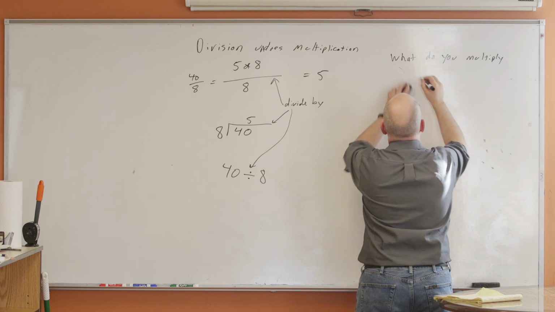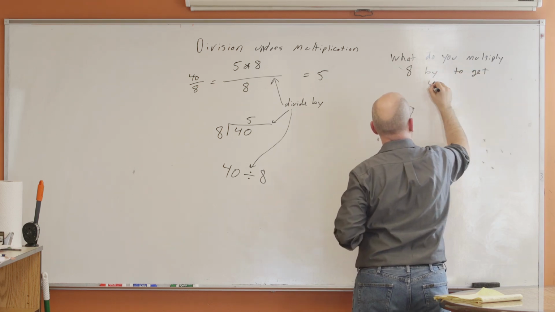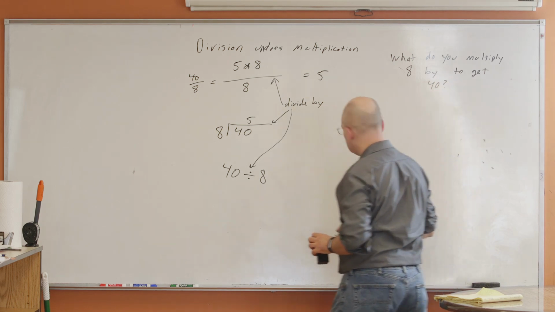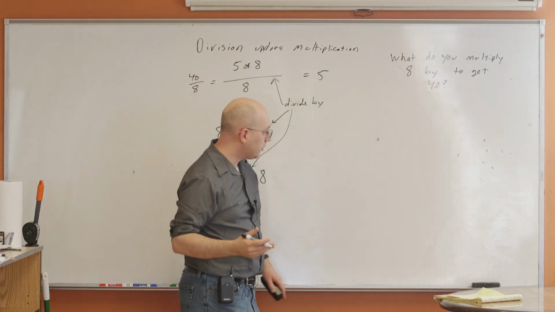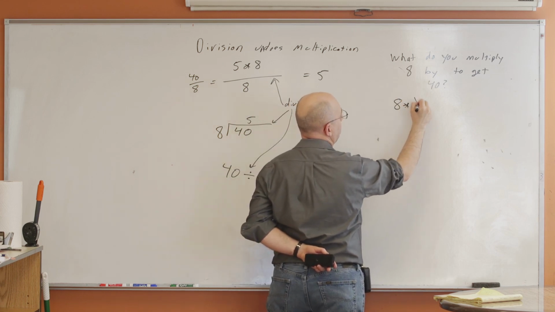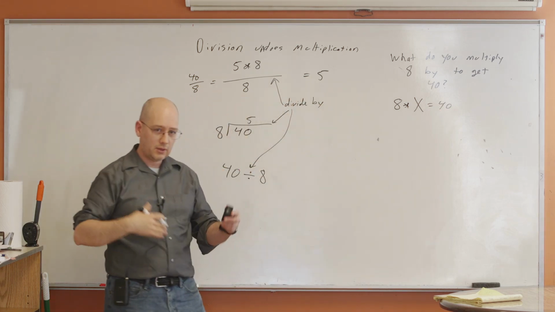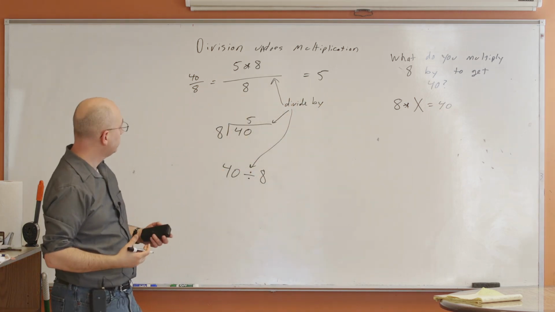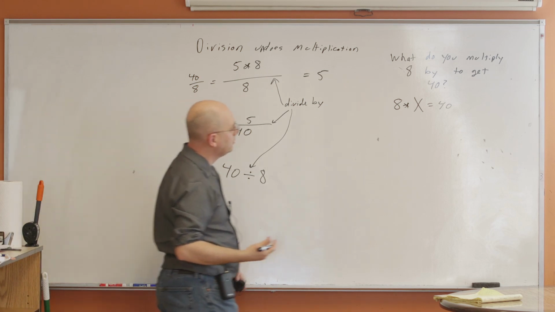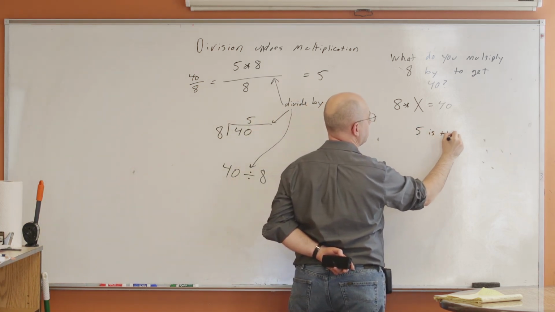What do you multiply 8 by to get 40? Or kind of in a symbolic fashion, you could write that as 8 times x equals 40. So these are all asking for an answer of 5. 5 is the answer.